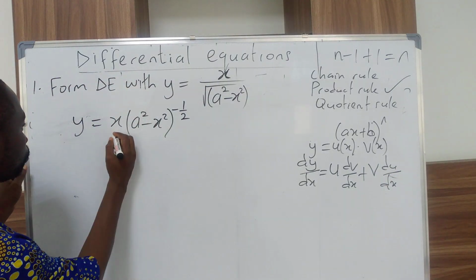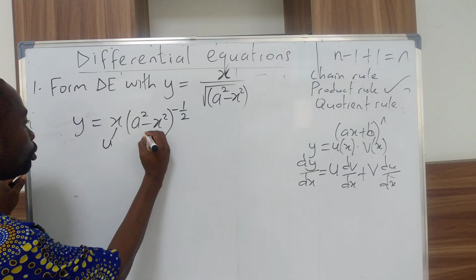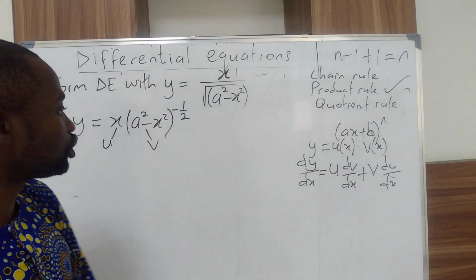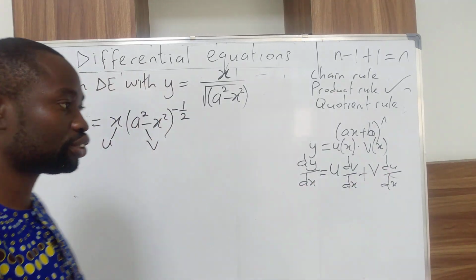So this will be my u and this will be my v. I'm going to use u dv dx plus v du dx.